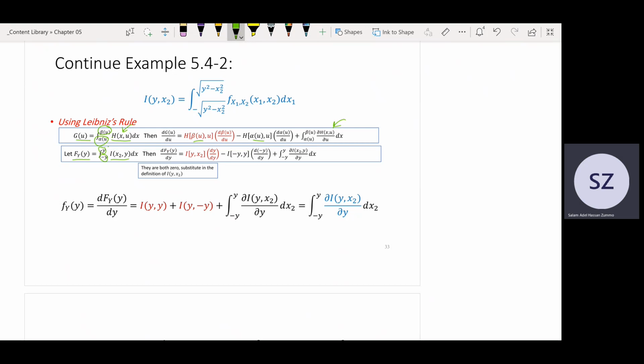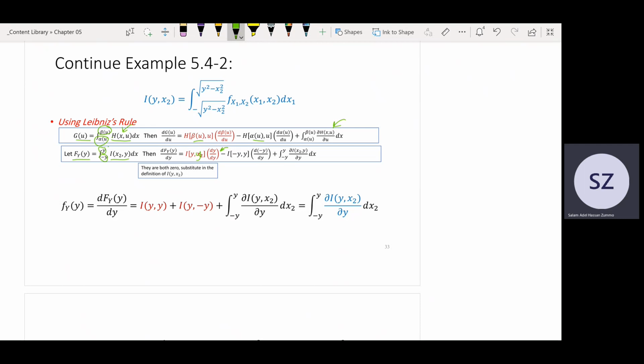So it will be I of y and, there is a mistake, this is y. This is y. Same step. So it's I of y and x2, right? Multiplied by the derivative of the first limit. What is the first limit? y. The derivative of y with respect to y is 1.